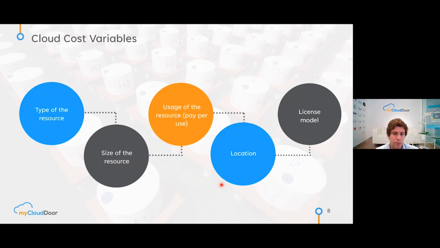The location: different locations, different data centers will have different costs. Azure has more than 60 regions worldwide. Some regions like Singapore, Southeast Asia, or Brazil are 50–70% more expensive than other regions such as North Europe, UK North or East US.